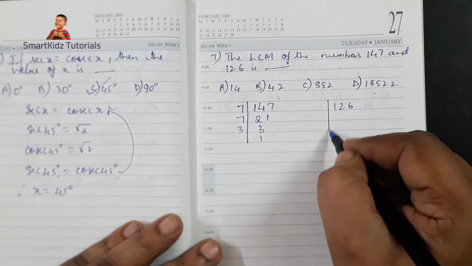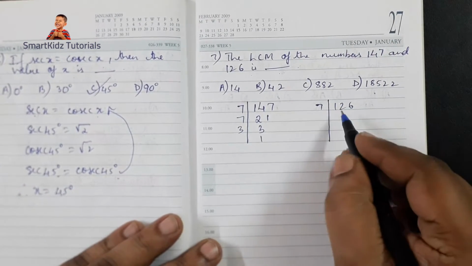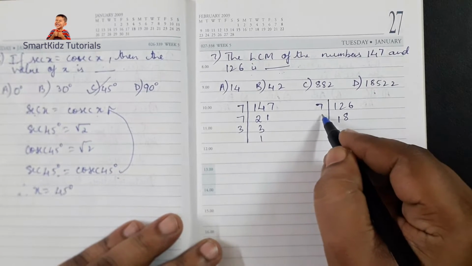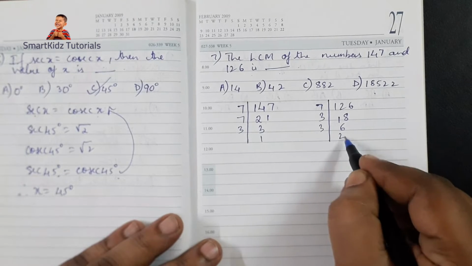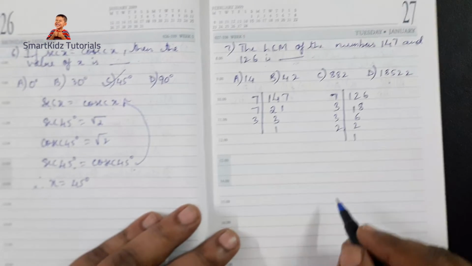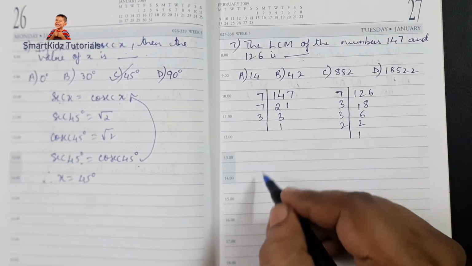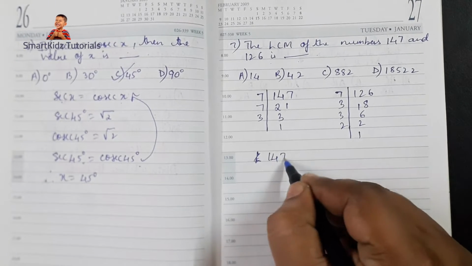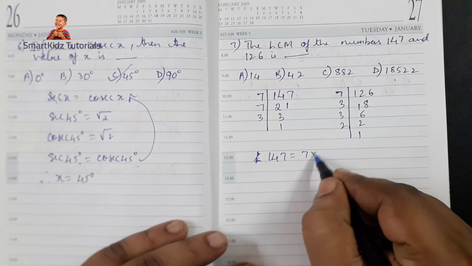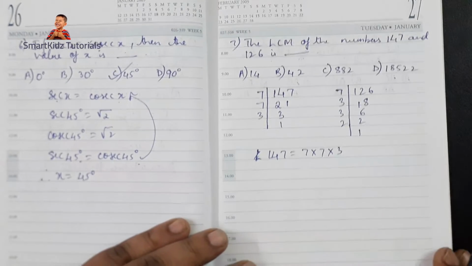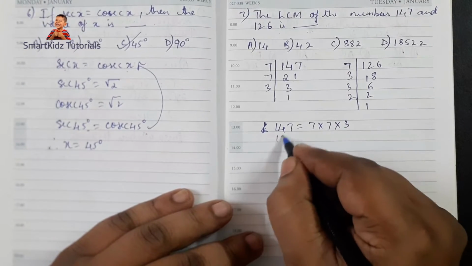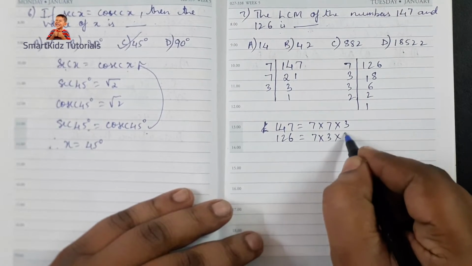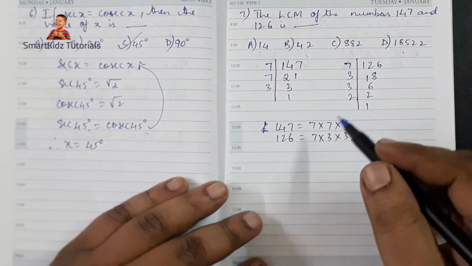Here, let's see what we get. 7 ones are 7, carry 5, 5 and 56, 7 eights are 56, 3 sixes are 18, 3 twos are 6, 2 ones are 2. So we'll write them down over here. That is 147 equal to 7 into 7 into 3, and 126 is equal to 7 into 3 into 3 into 2.